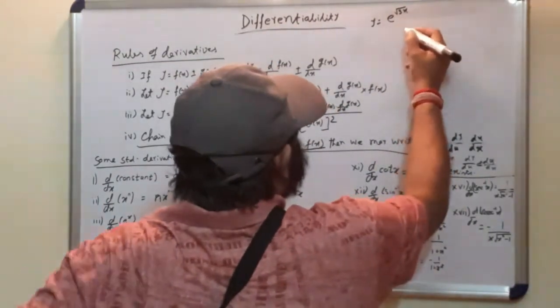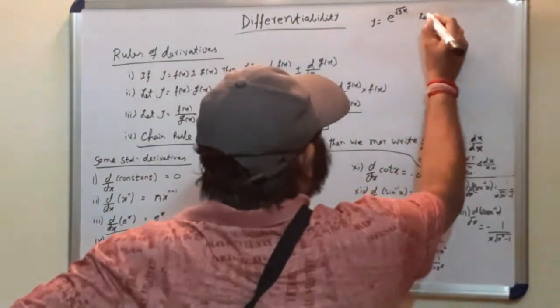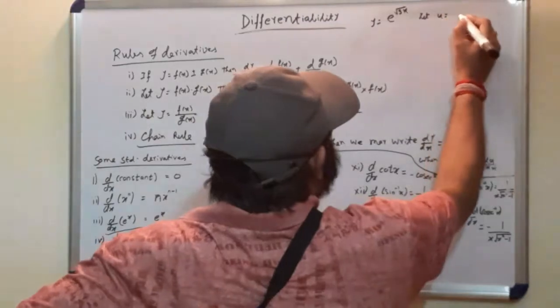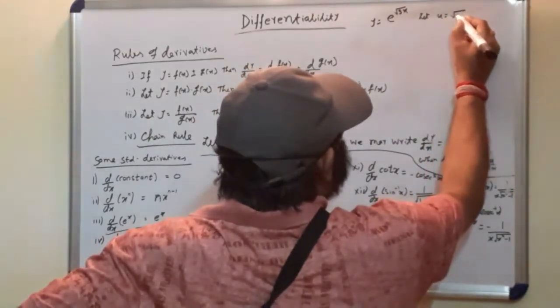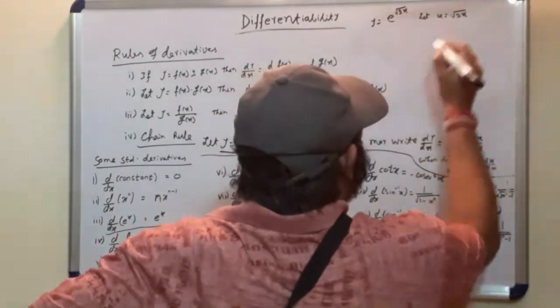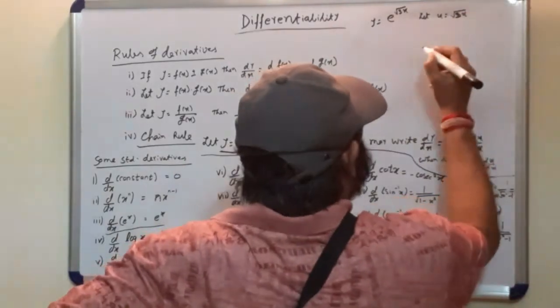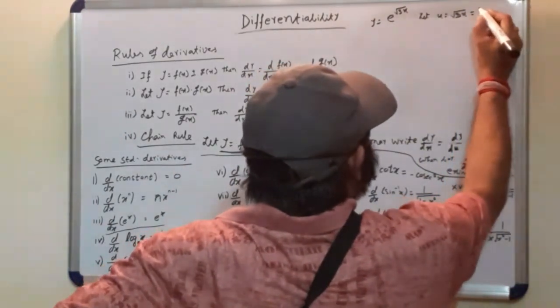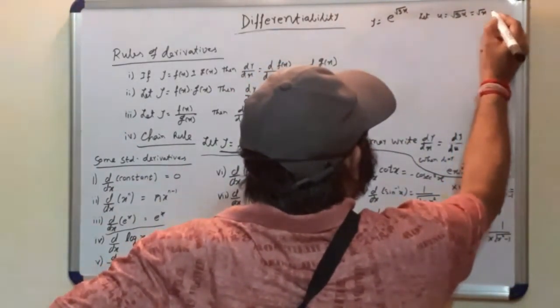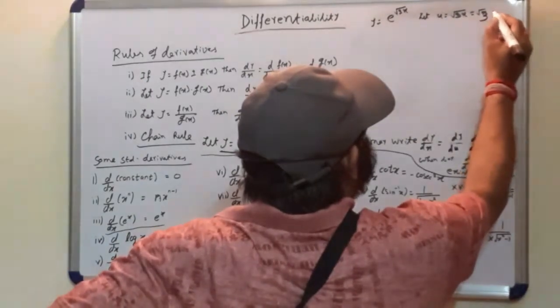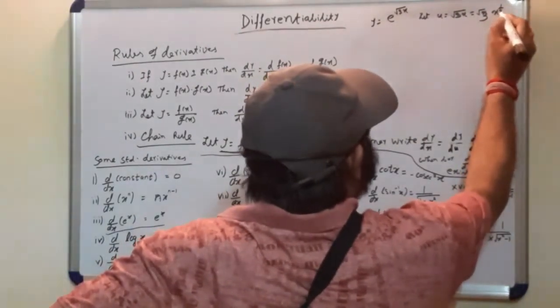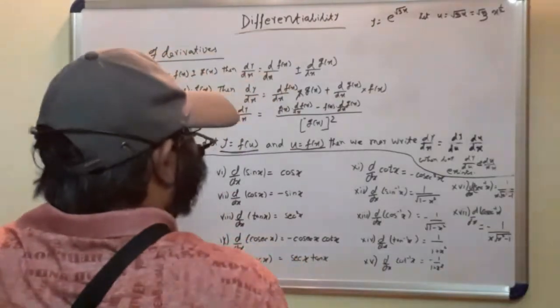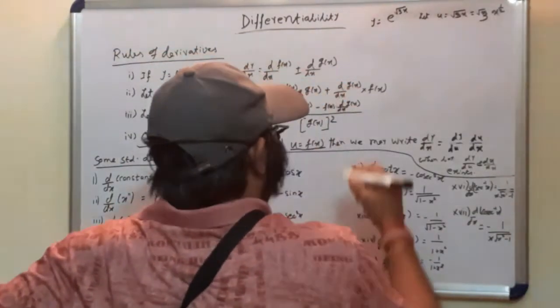Now we can take, let u equal to root 3x. It means root 3 into x to the power half.